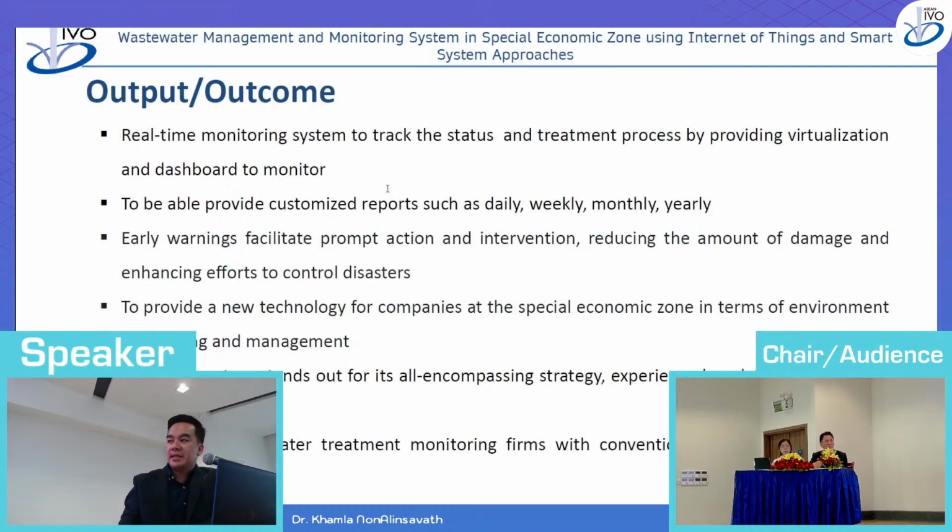Some companies already agree with us to provide this kind of solution for them. It is also quite interesting because some economic zones still have only traditional methods for wastewater management, and so we provide this solution for them.